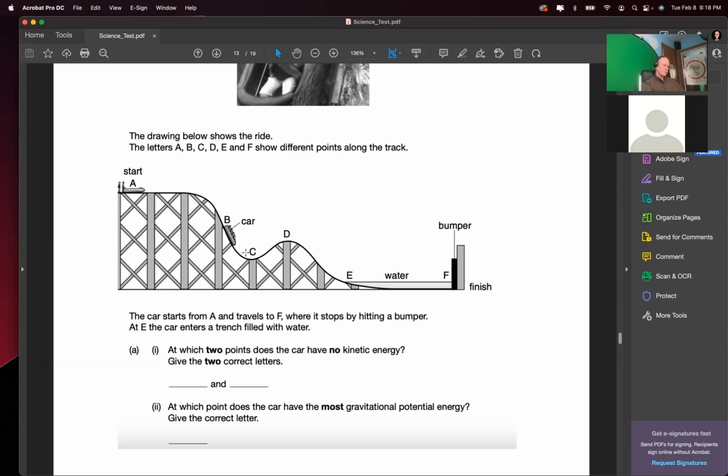I think the friction could be made up of pressure or viscous forces, which I'm not sure. Not sure if I can answer. Assume that the trench is filled with water, because it says at point E, the car enters a trench filled with water. So it's not gelatin, okay? Okay, right.